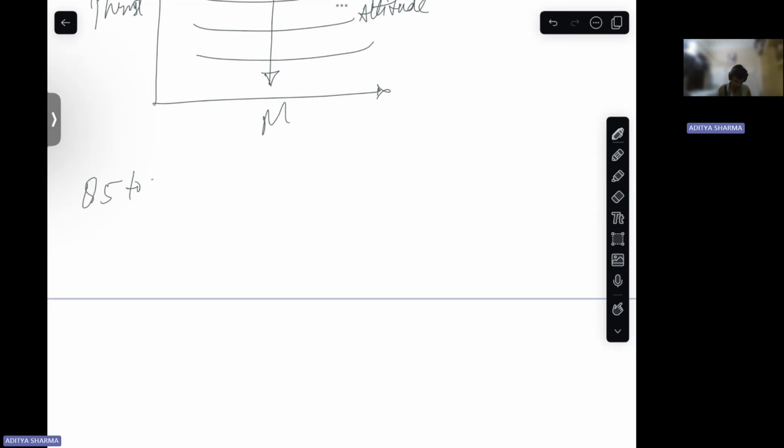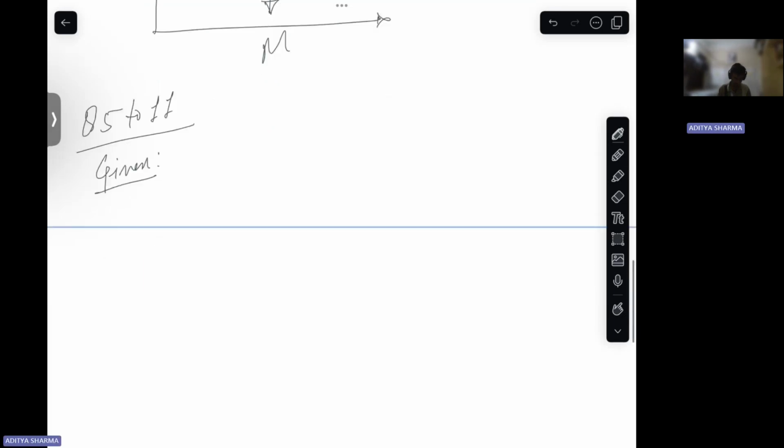Question number 5 to 11. What is given to us?